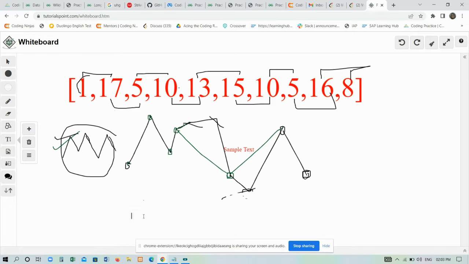So basically we can take two variables, that is up, which will increment when the difference between elements comes out to be positive. And the next one we can take as down.